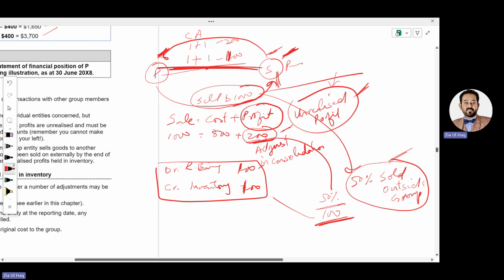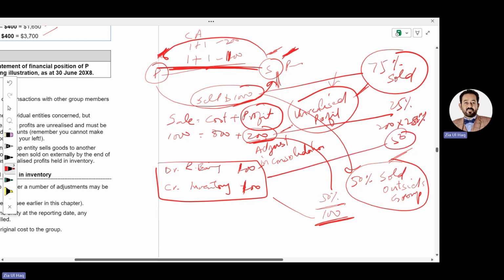Suppose 75% of inventory has been sold outside the group. If there was an intergroup transaction of 1000, but 75% has been sold outside the group, how much inventory remains? 25%. This means we need to eliminate profit of how much? 25% of 200, and that will be 50.